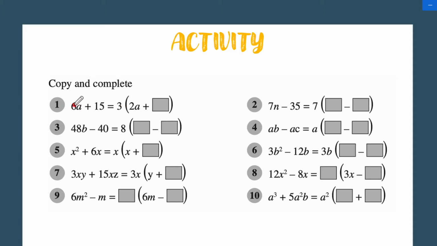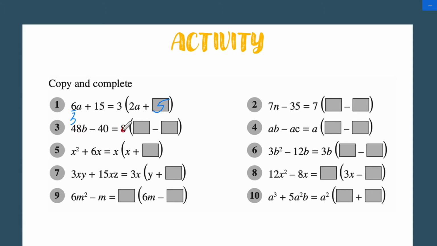If you divide the 6 by 3, you get a 2. And they wrote it here, okay, and the a is just left like that. So they divide the 6 by 3, and they got the 2a. Plus, and if you divide a 15 by 3, you get a 5. Okay, so that's what goes in that box, 5.